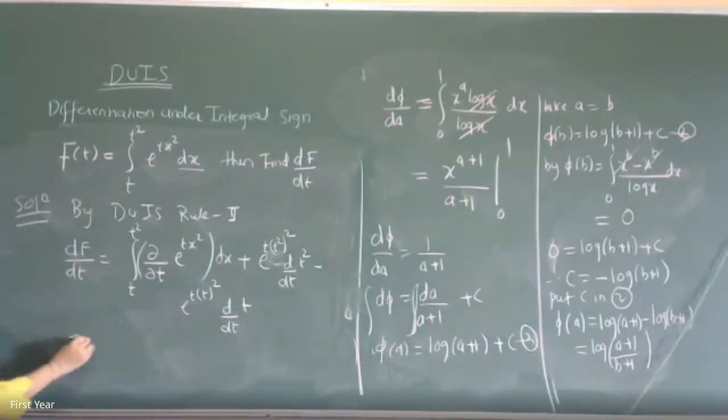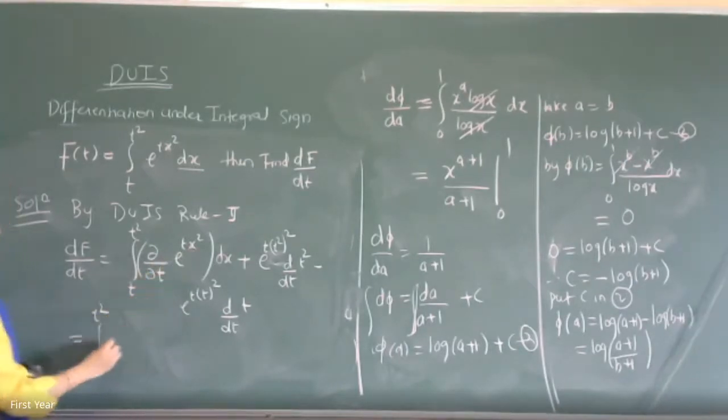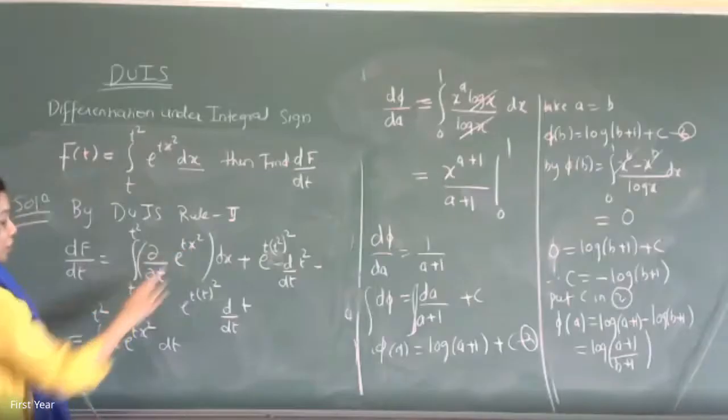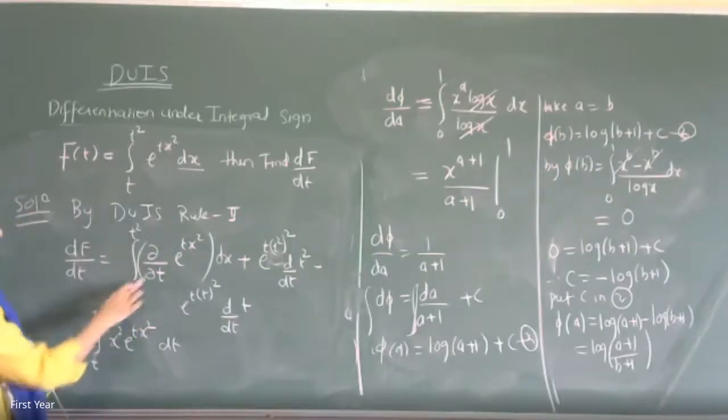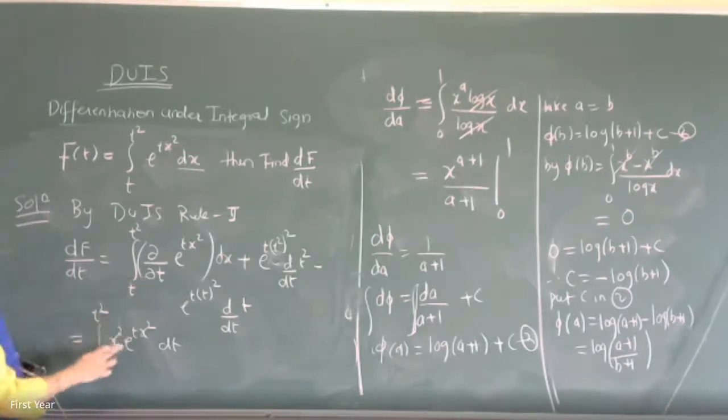So that is equal to the integration from t to t square. What is the derivative of this term with respect to t? x is constant. So it is x square e raised to tx square. This x square is a constant, it will come down. I'm doing differentiation, not integration, so it won't be divided. This option is also there in the ABCD options. This x square would be divided if I were doing integration, but I'm doing differentiation. So whenever we are doing differentiation, the derivative is multiplied. Whenever we do integration, the derivative is divided.